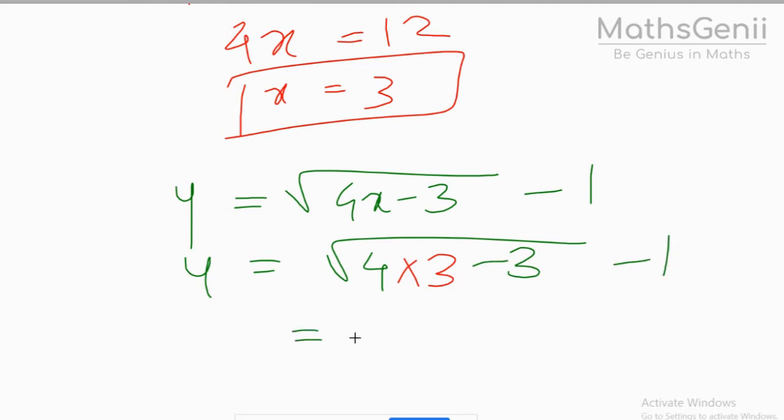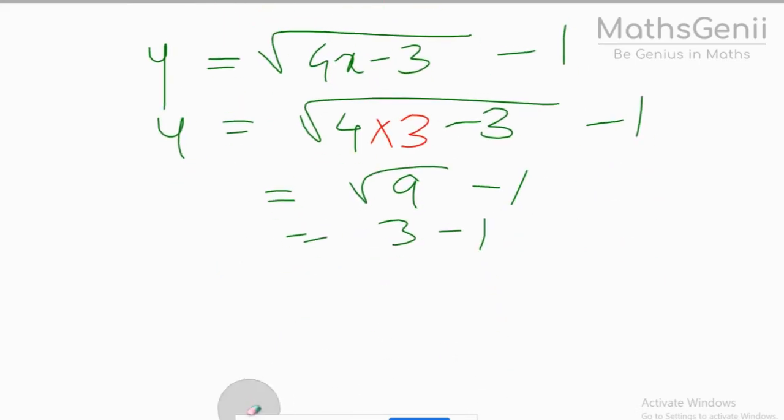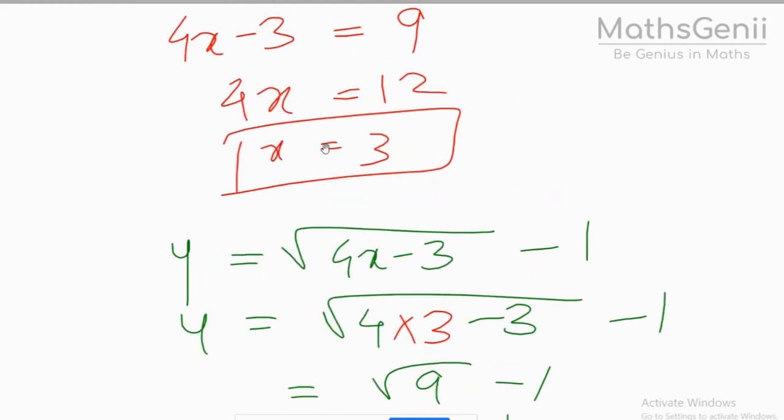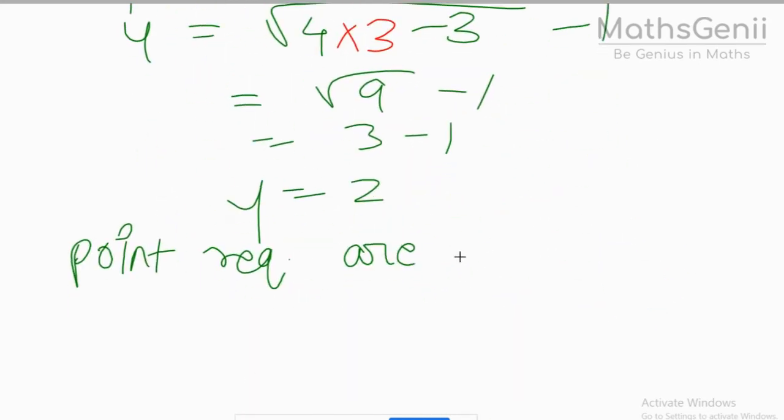So you have 12 minus 3, which is 9. So you have 3 minus 1, which is 2. So you have y as 2. So what are the points required? The points required are x comma y. x is 3 and y is 2. So 3 comma 2.